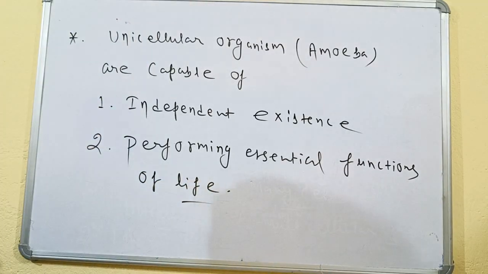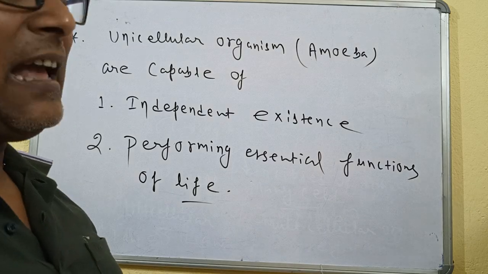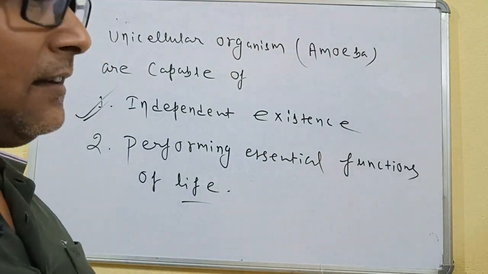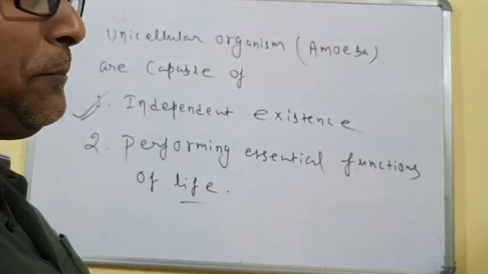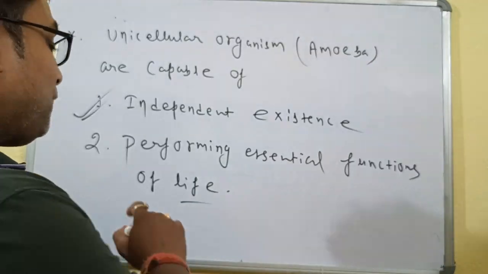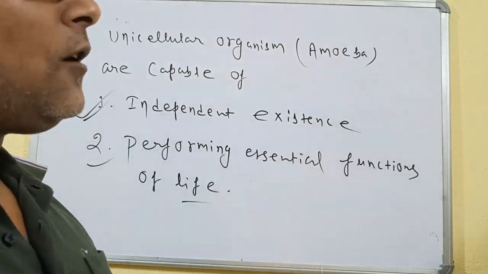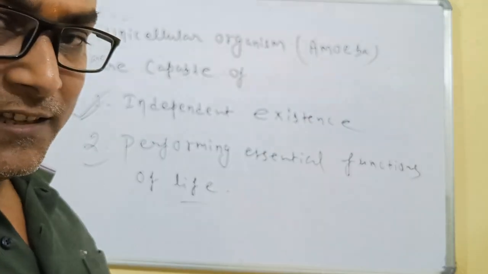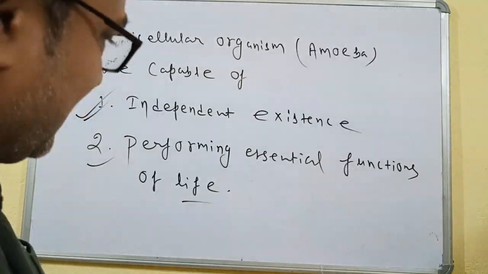That means unicellular organisms have the tendency of independent existence, meaning they are not dependent on others, and they perform essential functions of life. Essential functions of life means taking food, excretion, etc.